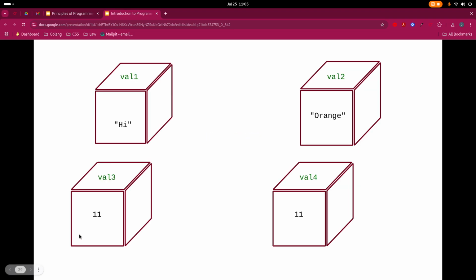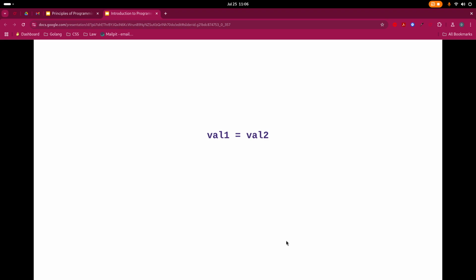Okay, 11, 11. Good. What would happen if I did val1 equal val2? Pause the video and see what the result would be. How do these 2 boxes change? Okay, let's look at the result.